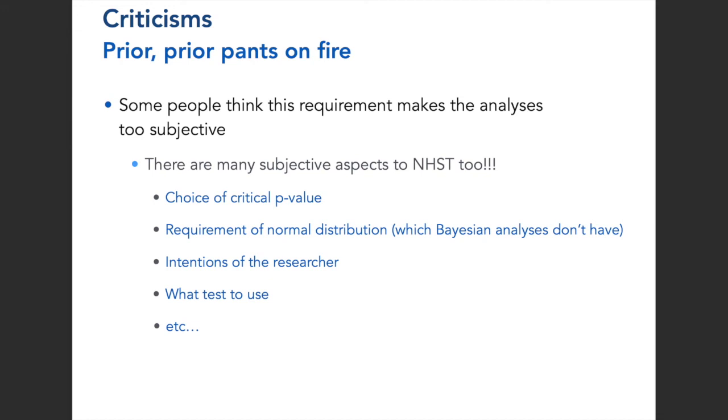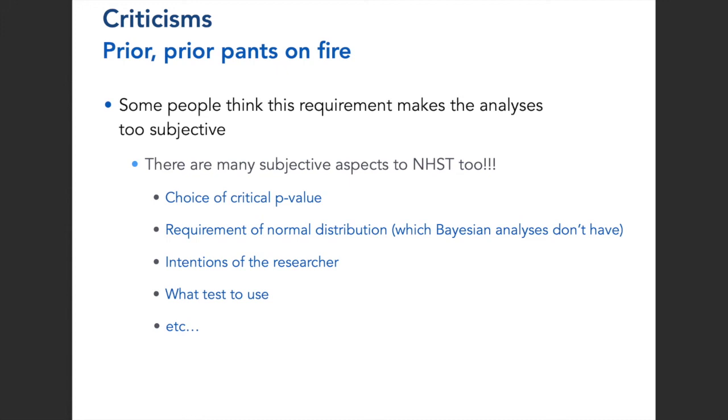So for example, there's many different ways that you can conduct a t-test, and each program has chosen one, and they don't really tell you which one they chose, but you just assume that it's correct, and you say, oh, I haven't made any subjective decisions. But you have, by choosing a certain software, and depending on what assumptions they make about a t-test.